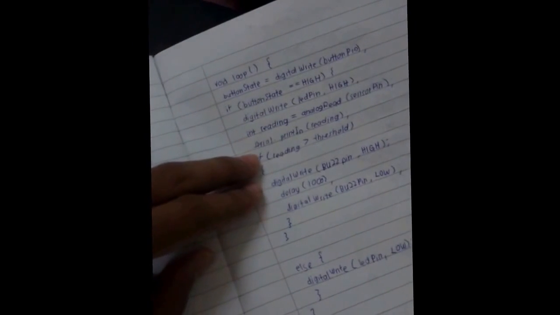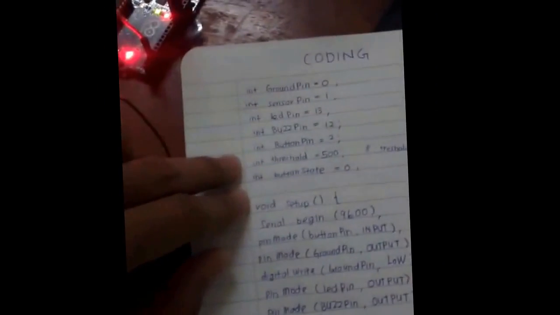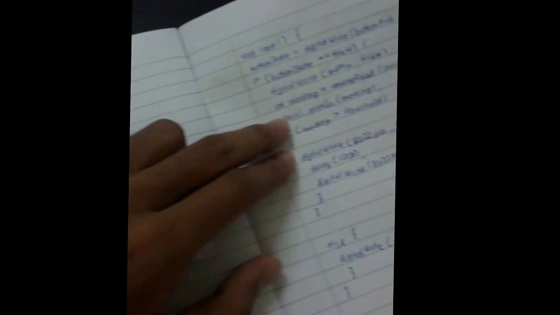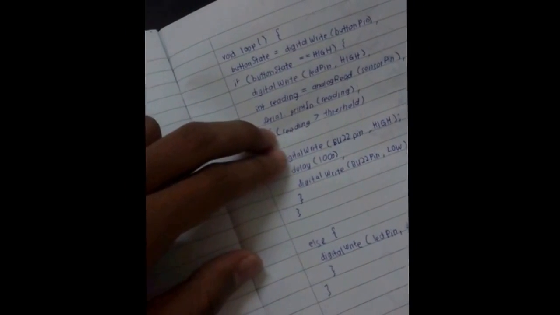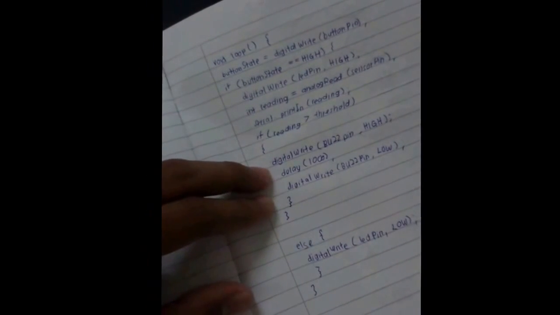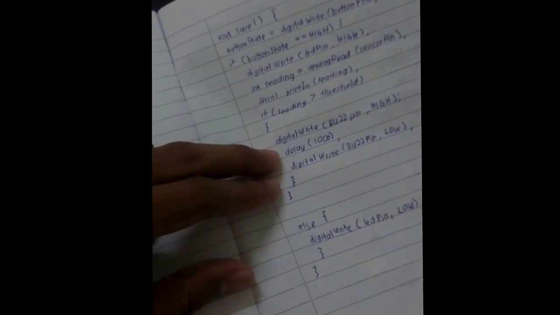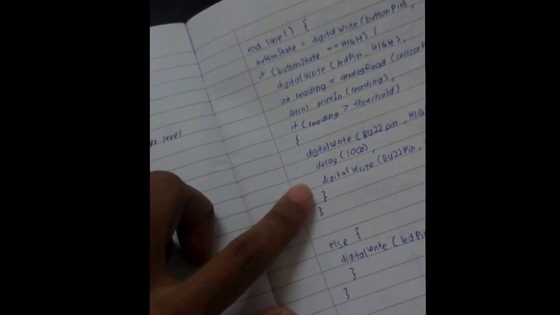If the vibration occur, if the reading is more than the threshold, because we have said before the threshold is 500, so the vibration sensor will produce a reading more than the normal threshold. If the reading is more, the digital write, we will write the buzzer to turn on, so it will produce some noise. Next, it will delay just like that, because we cannot make the buzzer stay on.